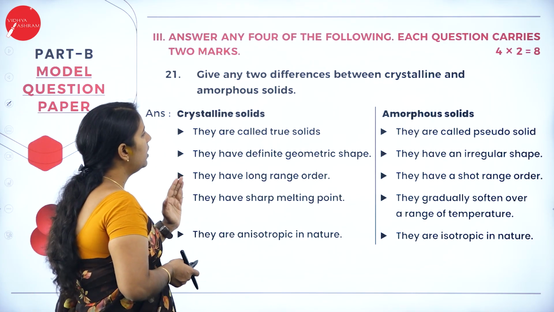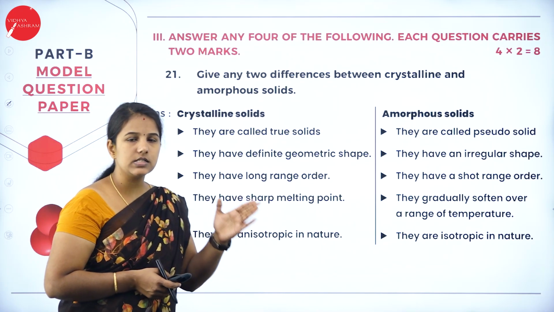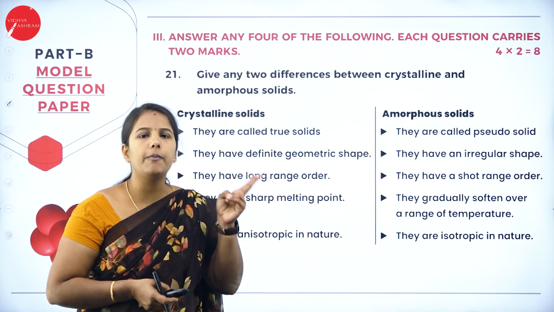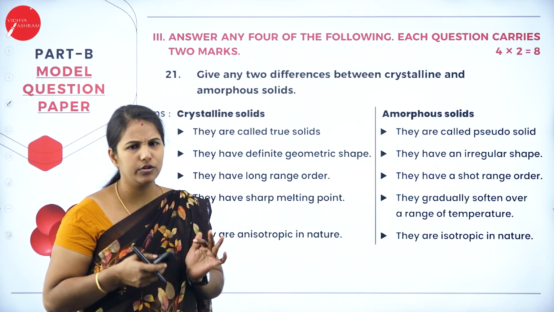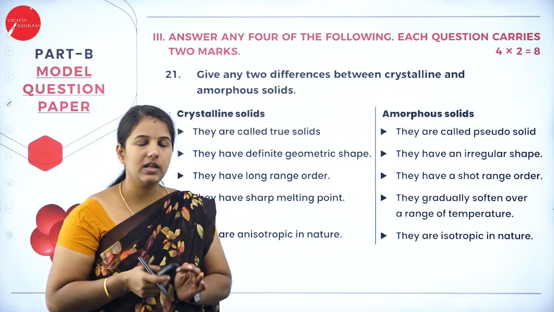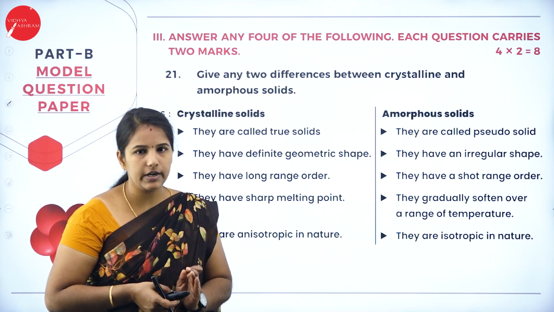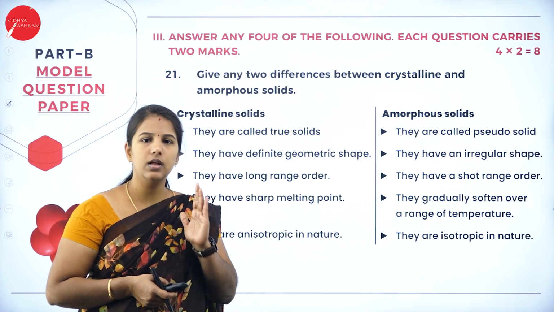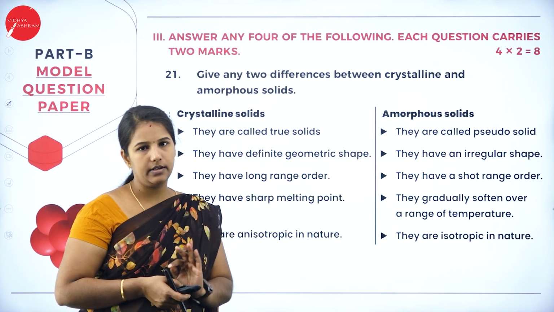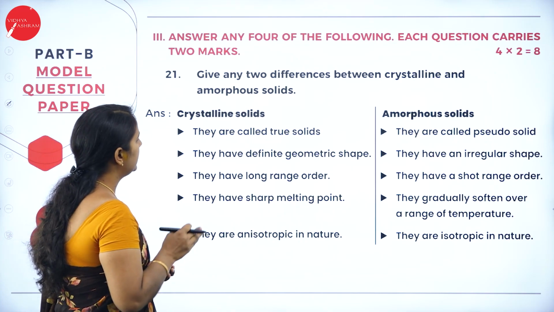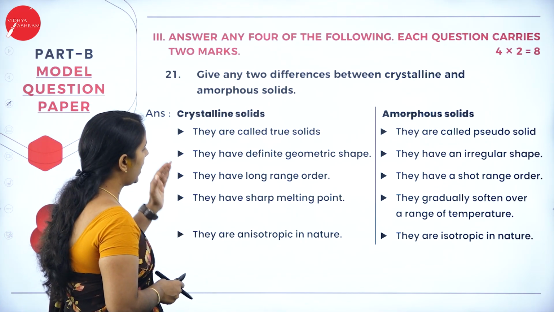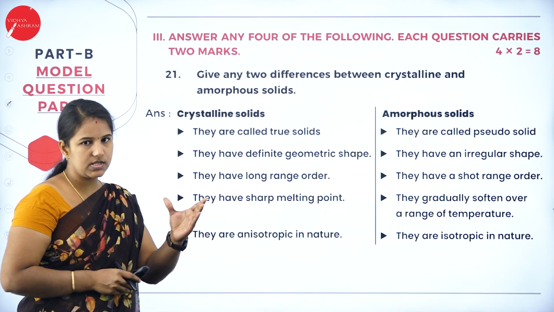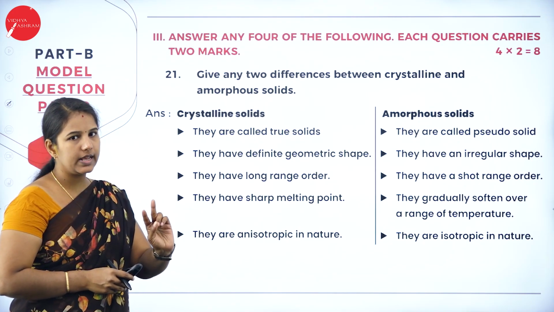Okay. So in the examination, if they ask you to write the differences, you must write 2 proper differences, not more than that. And you must carefully understand that the differences you are writing are correct. Make sure of that, then write. Give any 2 differences between crystalline and amorphous solids. I have listed about 5 differences; in the examination 2 is enough.